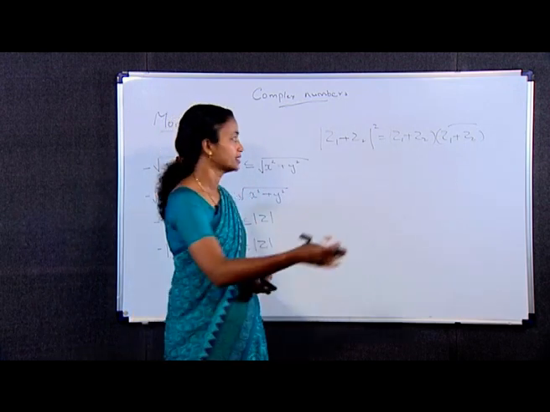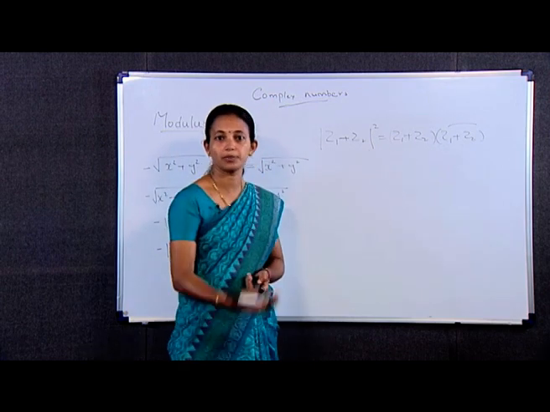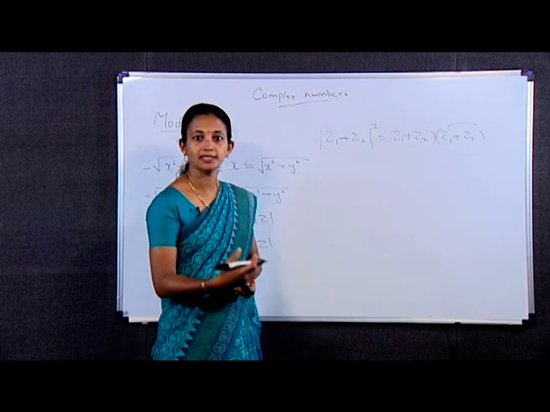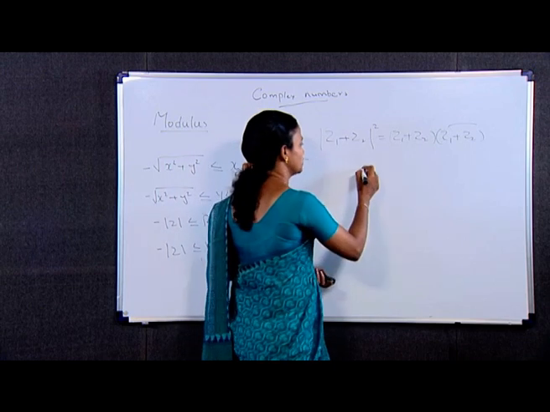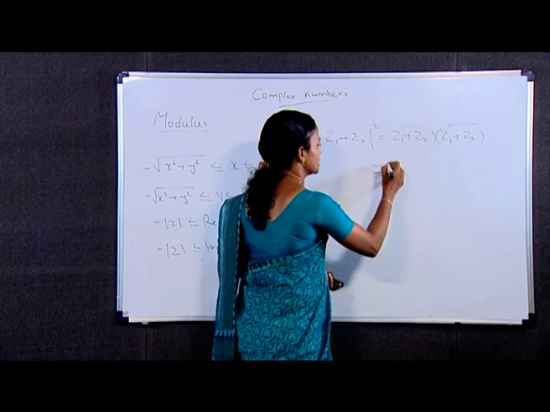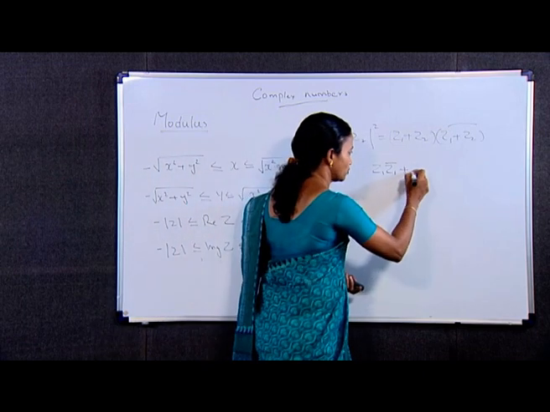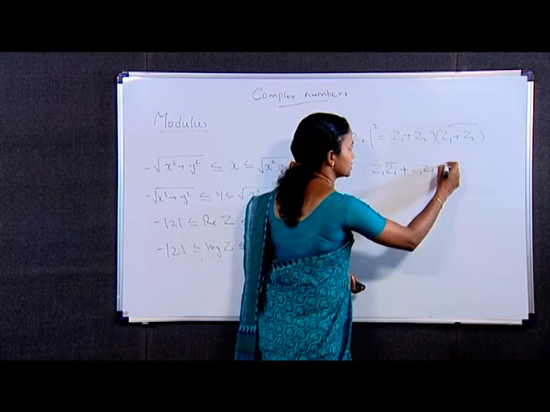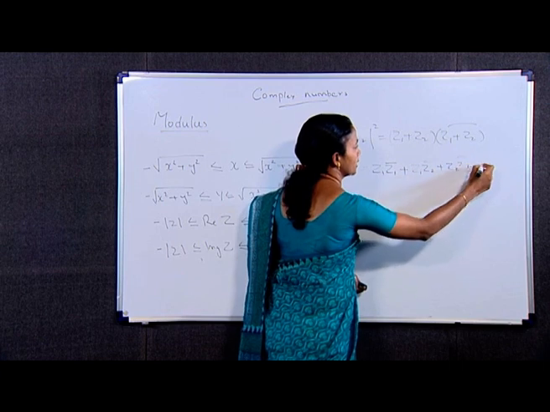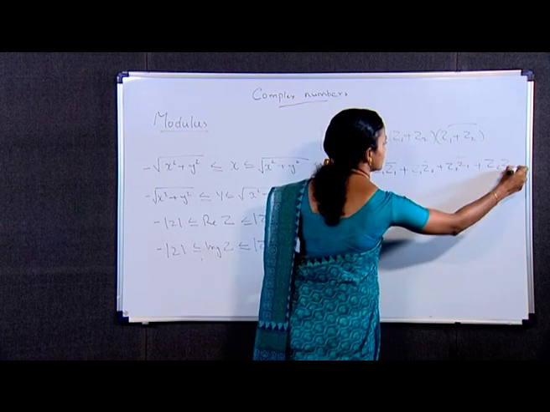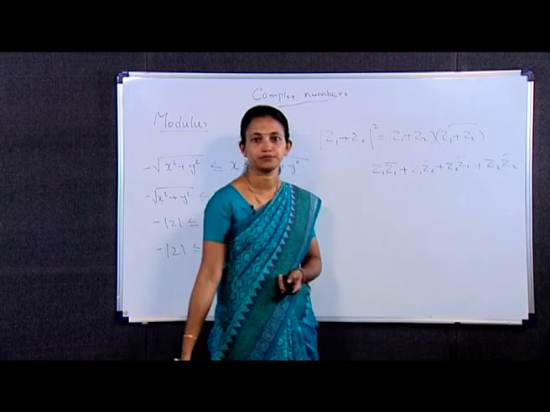This is z1 plus z2 into z1 bar plus z2 bar, which on multiplying gives z1 z1 conjugate plus z1 z2 conjugate plus z2 z1 conjugate plus z2 z2 conjugate.